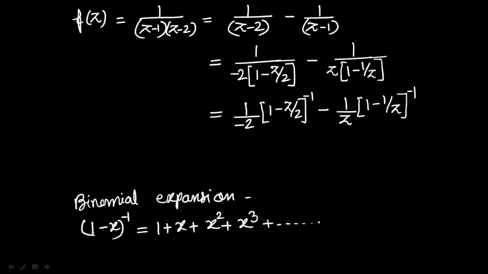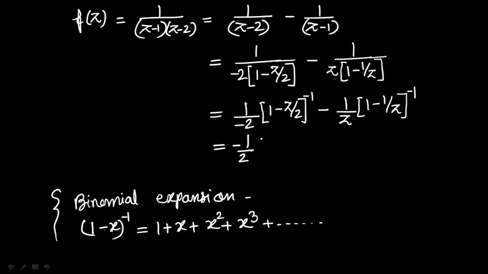If there is 1 minus x, that means here negative sign, then all terms are positive. If there is a positive term, 1 plus x to the power minus 1, then alternate plus minus signs. Now here we apply this binomial expansion and write down the last result.